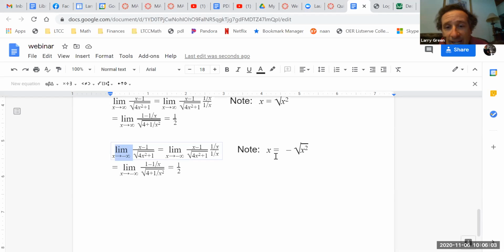And if x is a high negative number, and you square it and take a square root, you're not back at x again. You're back at negative x. And that's why you have to write x equals negative the square root of x squared. So I'm going to put in one more step because I think it's worth showing the extra step.